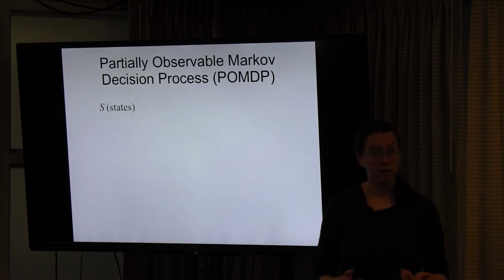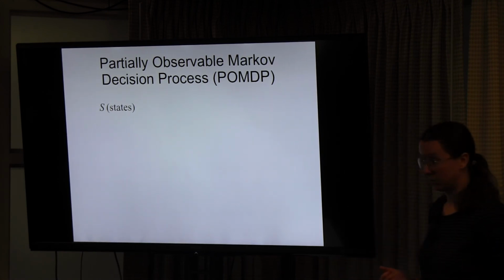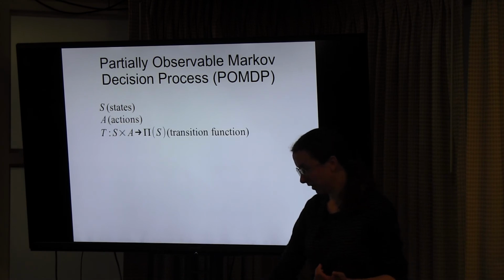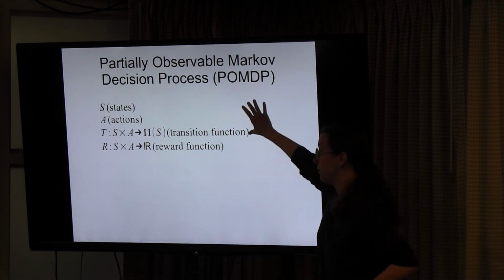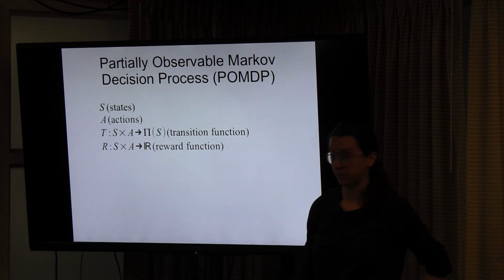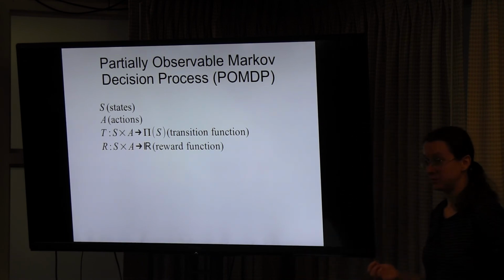And we're going to talk in the last couple of minutes about partially observable Markov decision processes. Somebody at the beginning already sort of asked about this. In an MDP, we know the states, the actions, the transition dynamics, and the reward function. So what happens if we don't get to know what state we're in?